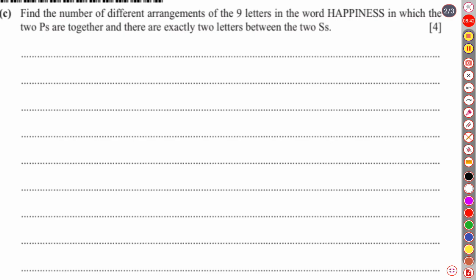The first scenario is, suppose the first letter is S, and in between them there will be P's. After that again S, and the remaining letters are 4 went away, so 1 2 3 4 5. This is the first scenario when P's are in between S's.